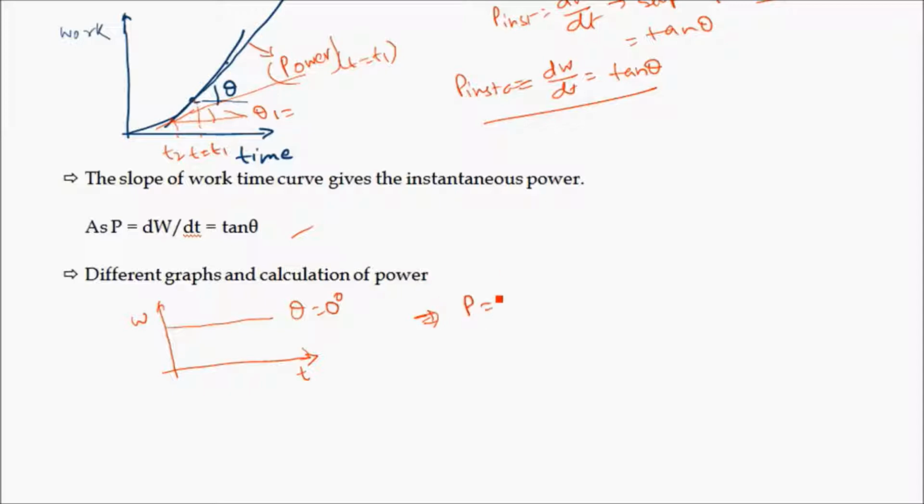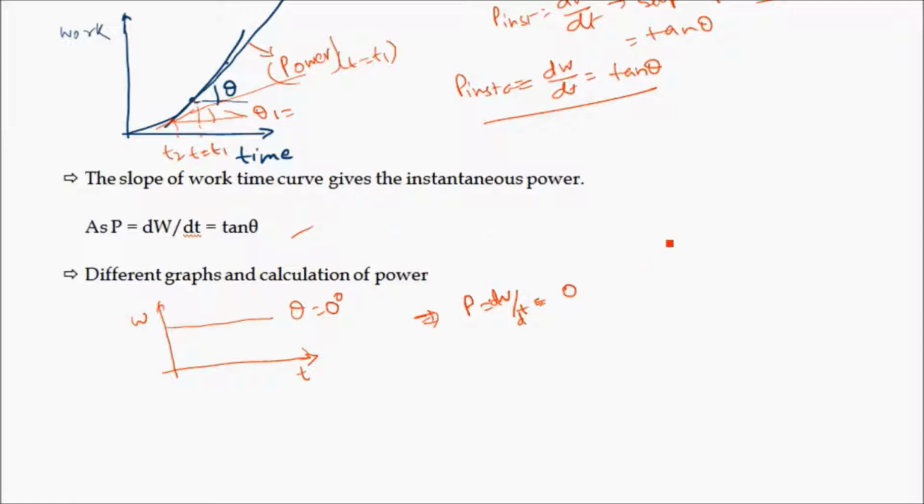In this case, power is dW by dt, an instantaneous value, and dW by dt is equal to 0, as W is constant. So when the W-t graph is a straight line making an angle theta equal to 0 degree, the value of power will be equal to 0.